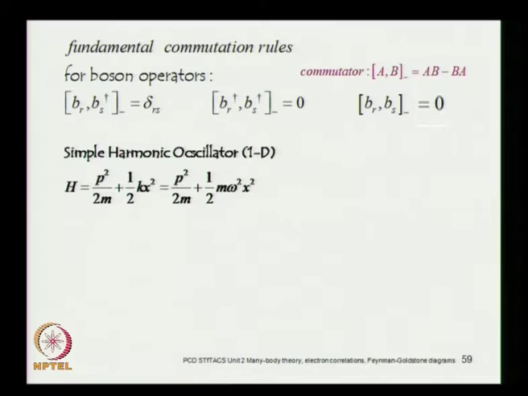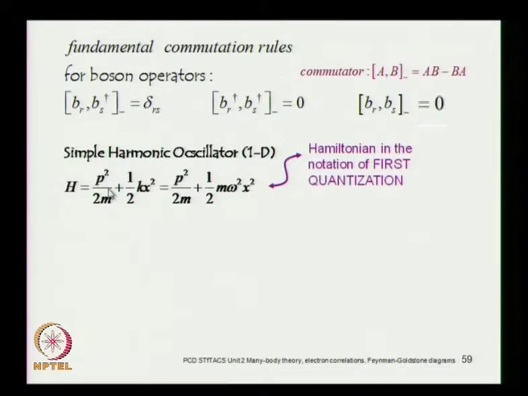K is the so called spring constant, omega is the natural frequency of the simple harmonic oscillator, and this is your simple harmonic oscillator Hamiltonian in the first quantization notation. This is the usual one that we work with.